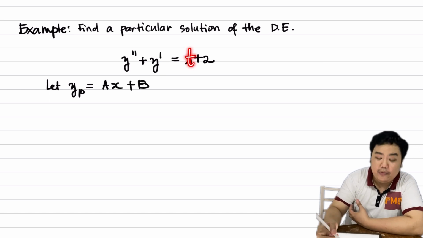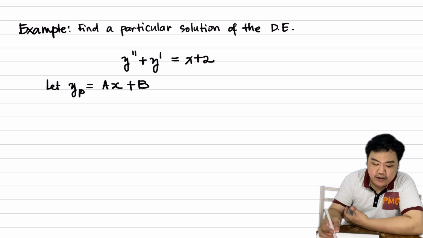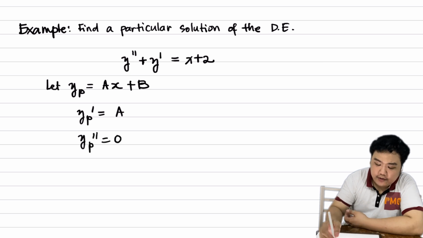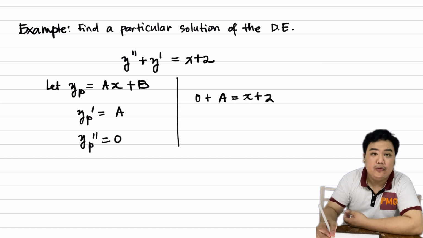So, kanina kasi puro t yung gamit natin, ngayon x naman, no? Pero kapag tinignan nyo, ginawa nyo yung method natin kanina, compute for y sub p prime, meron tayo a, yung y double prime, 0. So, plug in nyo dito, anong lalabas? Meron tayo y double prime 0, y prime a equal to x plus 2.